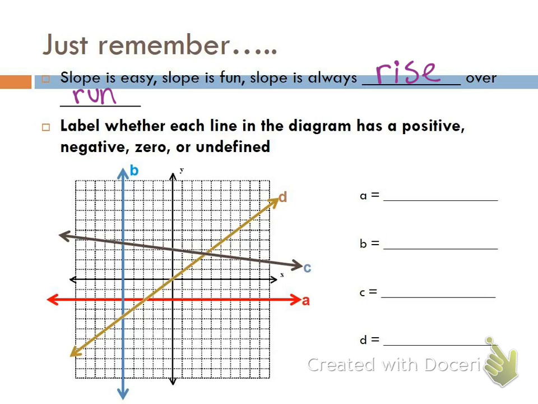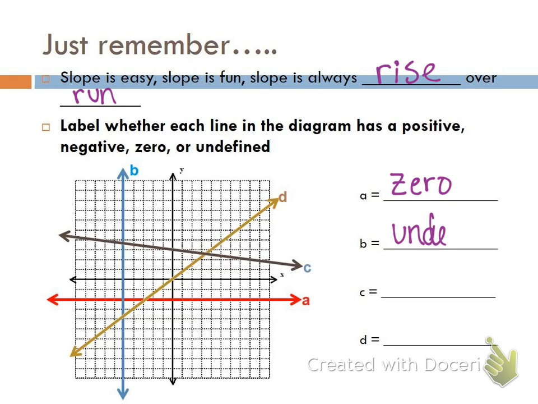All right, label whether each line in the diagram has a positive, negative, 0, or undefined slope. Line A, what do we think? 0. Any horizontal line will have a 0 slope. What about B? Undefined.